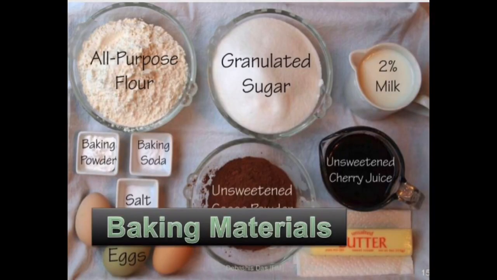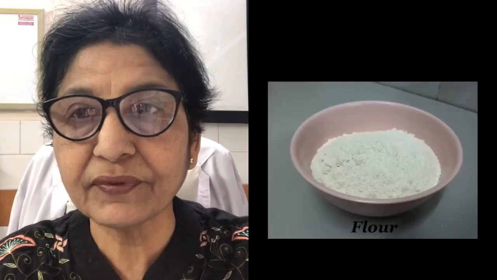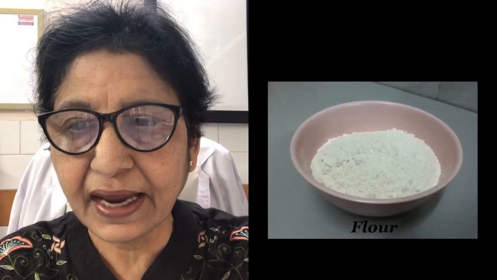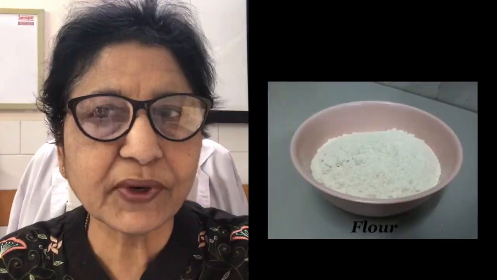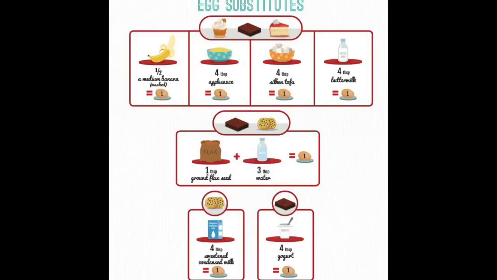Then comes the ingredients which are used in cake making. Just like in breads, there are certain essential ingredients and certain optional ingredients. Essential ingredients are, for example, maida, wheat flour, refined wheat flour. And then sometimes we can use eggs, it's optional. Instead of eggs, some other substitutes can also be used.